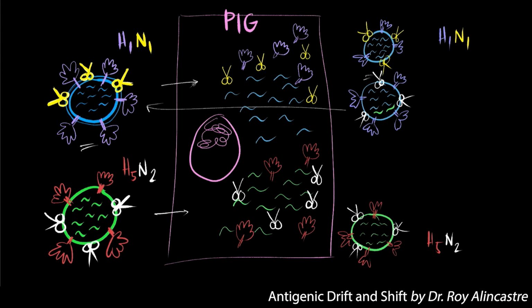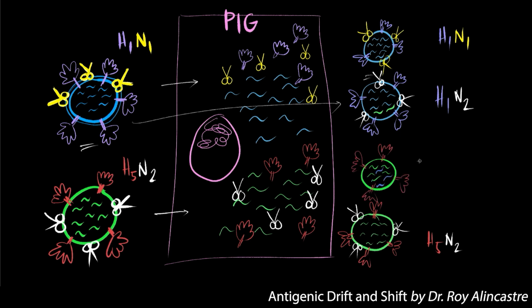Because based on our color scheme, it is now H1 because of the violet H and N2 for the white N's. So H1N2. And the other got 5 green segments and 3 blue ones, producing, for example, red H's but yellow N's. So this is now H5N1. Totally different new viruses than the previous.